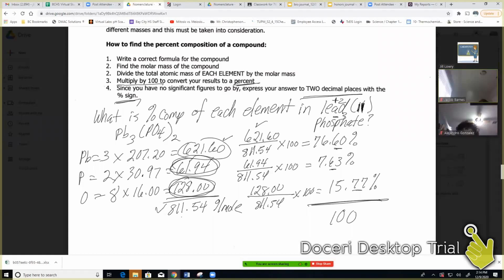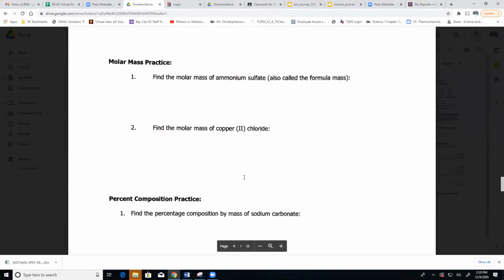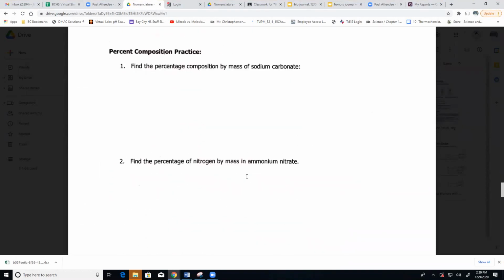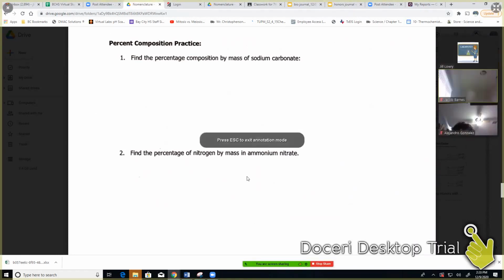All right, so let's flip over to the other page and y'all can try one. So we'll go down to percent composition. And why don't y'all give that one a try. Find the percent composition of mass by mass of sodium carbonate. Sodium is group 1, so it's a +1. And carbonate's a -2.